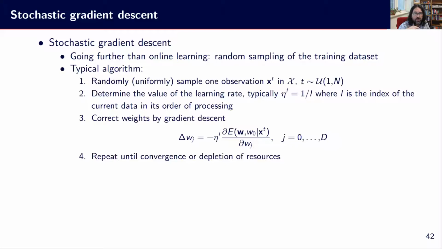A typical algorithm is to pick one observation, and then what we do specifically with stochastic gradient descent, the nice trick, is that we adjust the learning rate. The learning rate starts higher, and over the iterations it goes smaller and smaller. It means that the first samples have a bigger influence, and that's fine because our model is probably not really good, so we can make big updates.